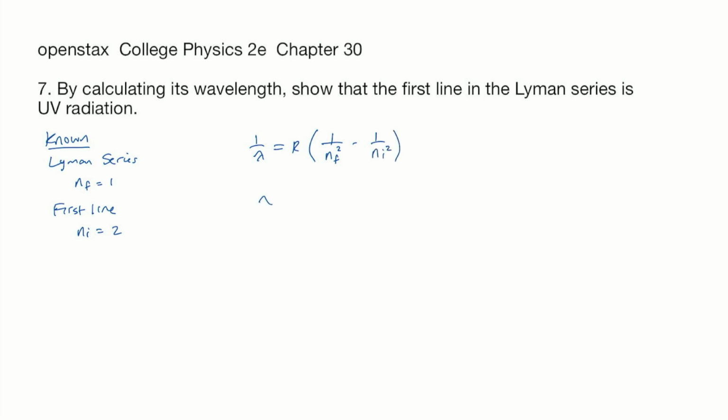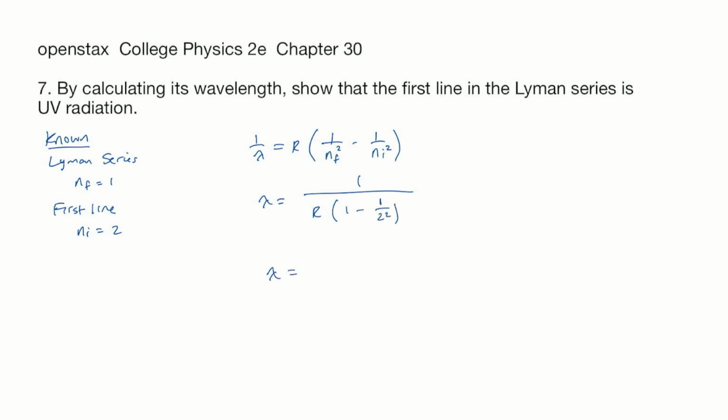All right, so lambda is 1 divided by R, and we might as well put in the n sub f. That's just going to be 1 over 1, and we'll put in the n sub i, 1 over 2 squared.